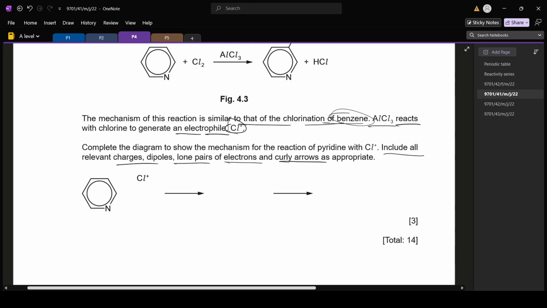Okay, so firstly, this electrophile will be attacked by the nucleophile, which is the carbon carbon double bond in pyridine. Okay, so this carbon carbon double bond will attack this electrophile, and then this electrophile will be attached like this. Okay, like this.